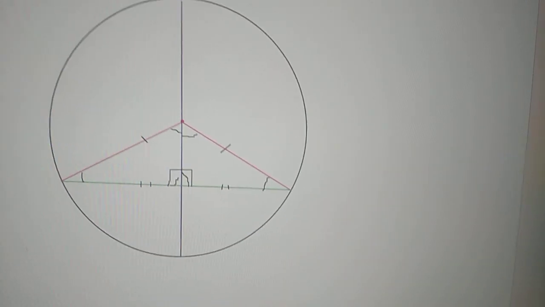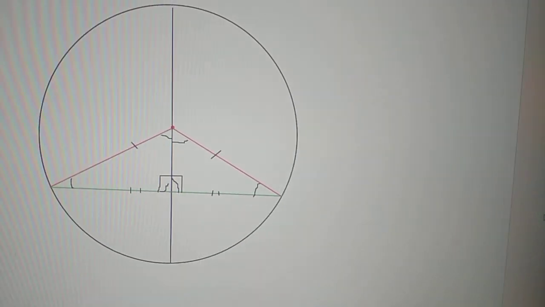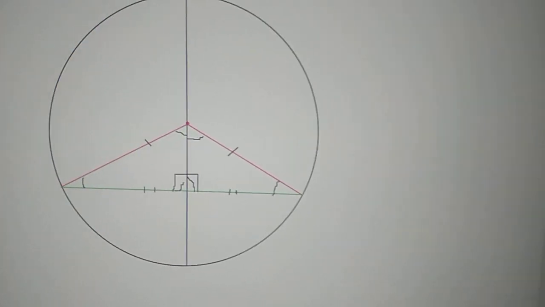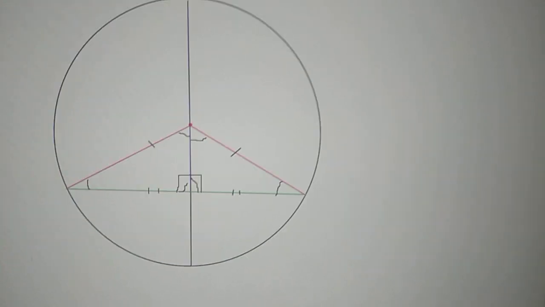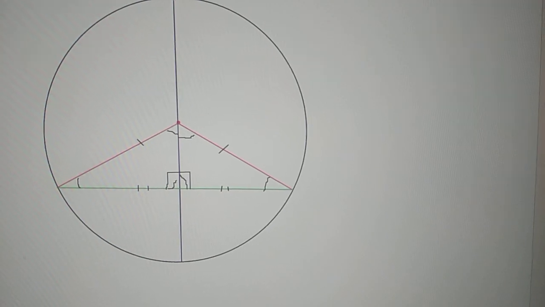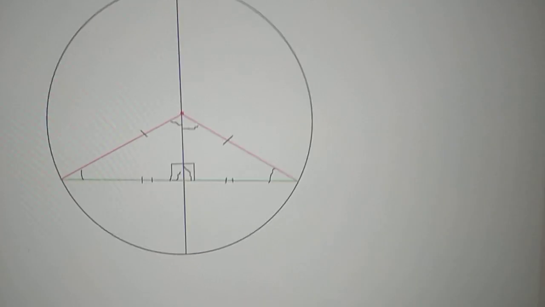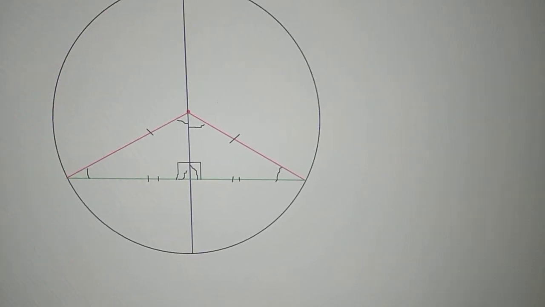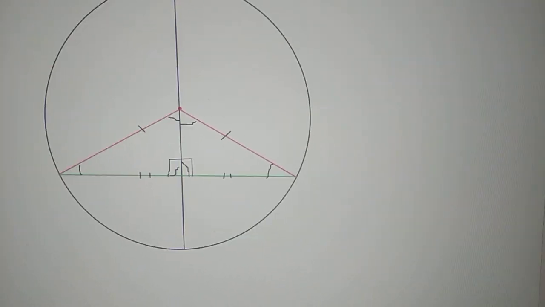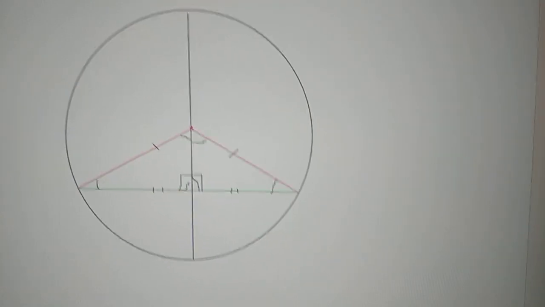Thus, we have shown that if a straight line crossing through the center of a circle bisects another straight line that's not crossing through the center, it also falls perpendicular. So, quod erat demonstrandum. This is the first part, and now we're going to go to the second part.